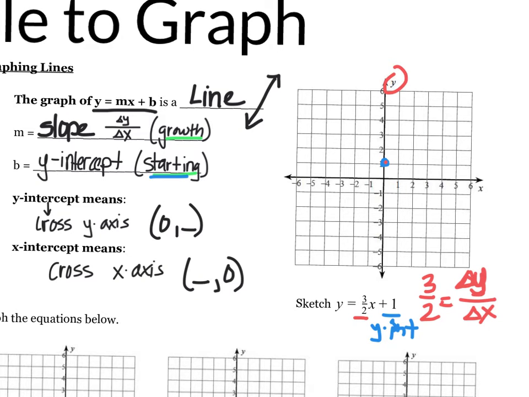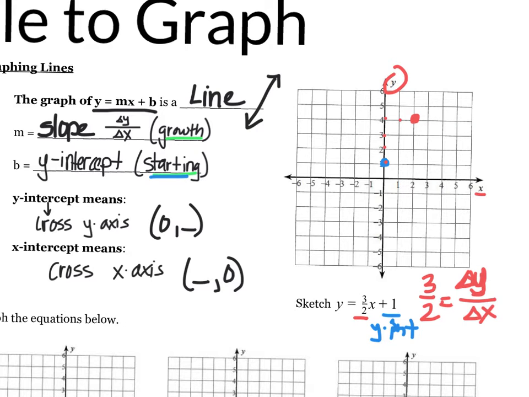I'm going to start here, and count 1, 2, 3. Then I change x by 2. Since x is a positive 2, I go in the positive x direction, to the right 2, 1, 2. This is my next point.